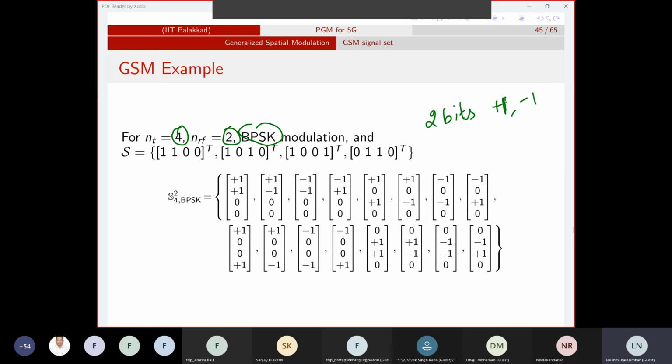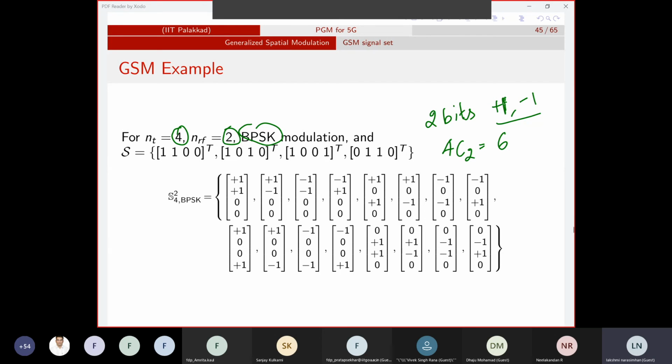Once I have these 2 BPSK symbols, the next thing is I need to know which antennas. I have 4 antennas, which antennas should I put in? So the possible combinations are 4C2. So there are 6 ways in which I can transmit these 2 BPSK symbols.